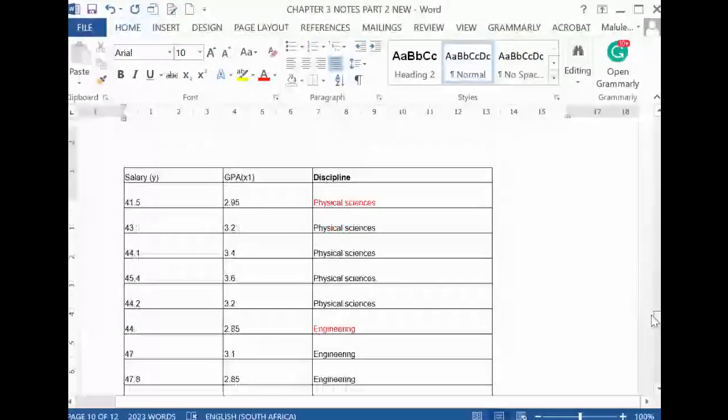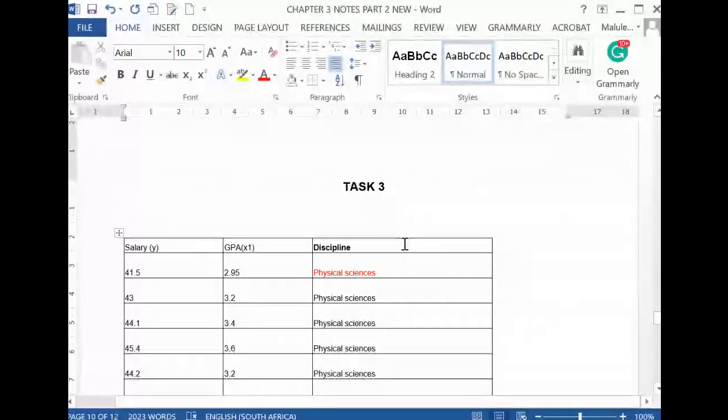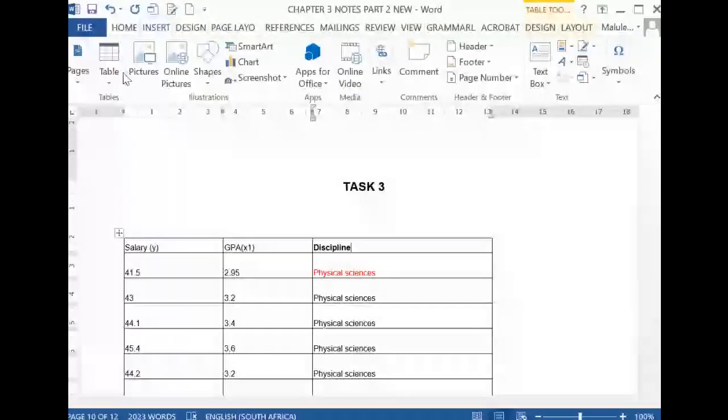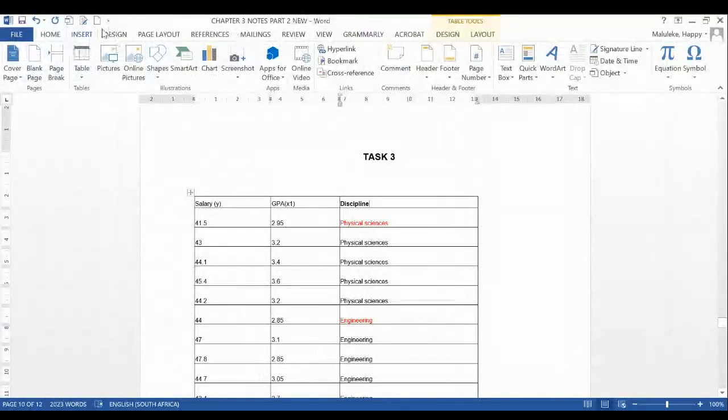So now let's change. I want to check if you understood what I was saying. I want to create two columns here, on the right side. So this one we agreed is x1.